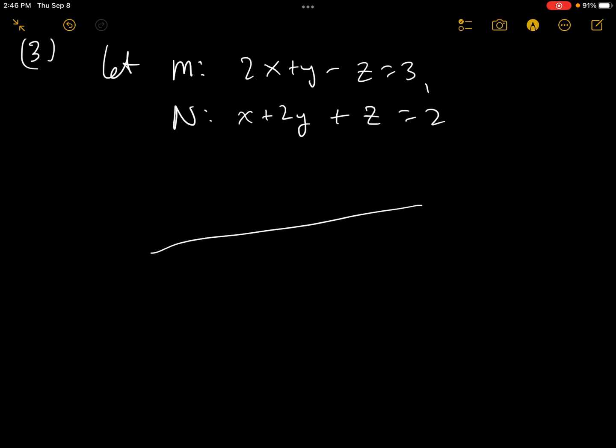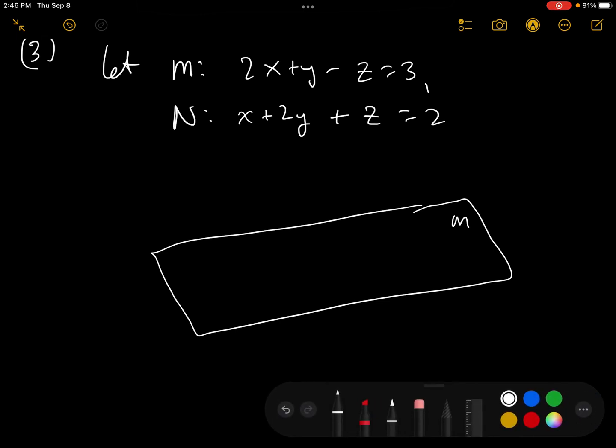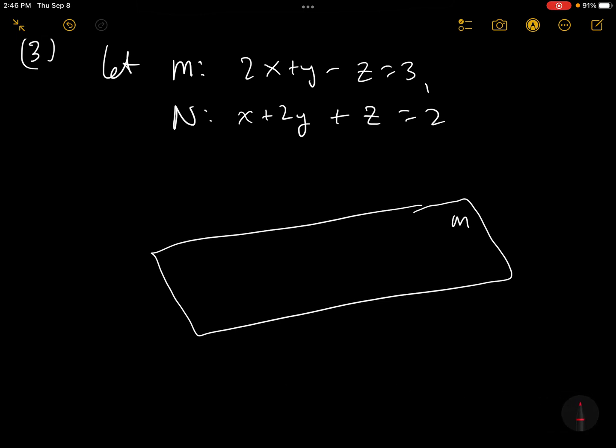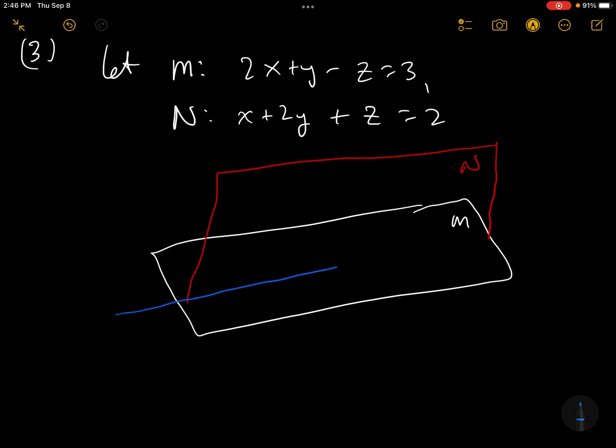So here, let's be careful. Here's M. Here's the plane N. Here's the line of intersection, L. Okay.